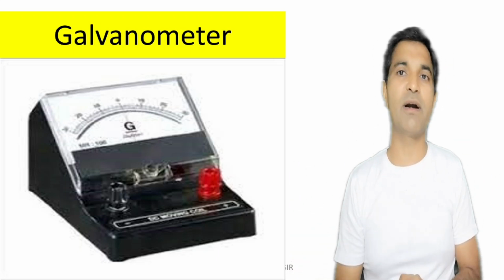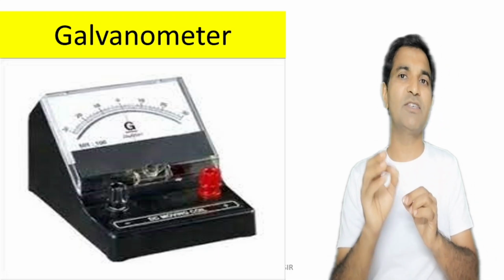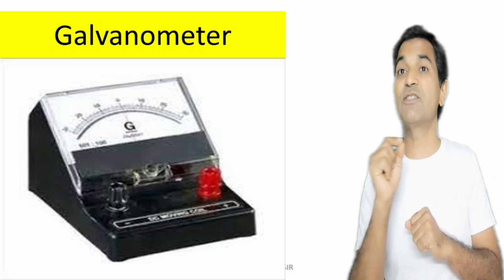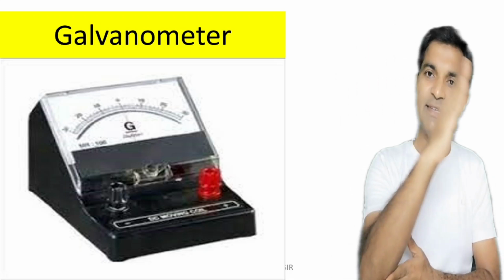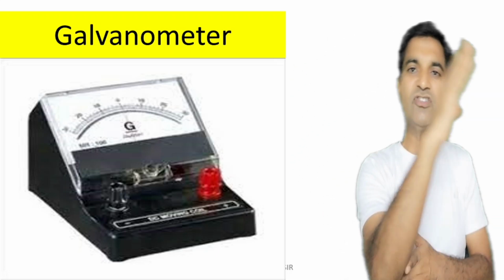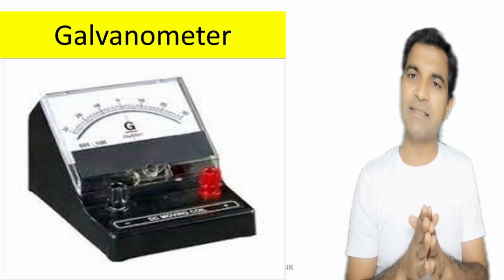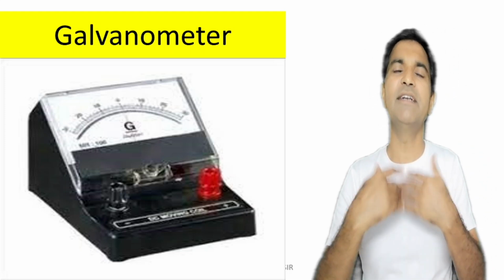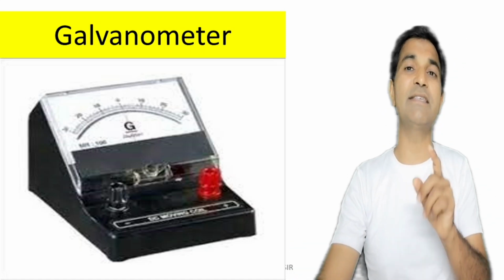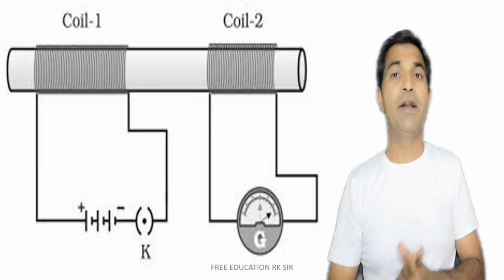Ammeters are used for the measurement of the current, but galvanometers are very primitive devices which are generally used to see the direction of the current flowing in the circuit, whether the direction is positive or negative, in this direction or that direction. So the direction of the current is primarily detected with the help of the galvanometer. So a galvanometer is a direction detecting device for the current.